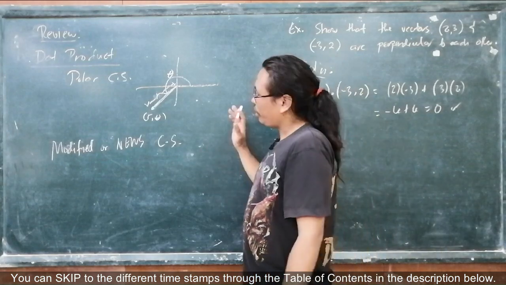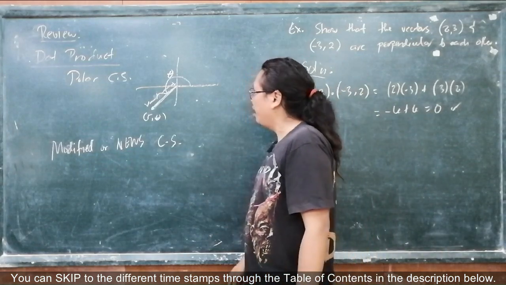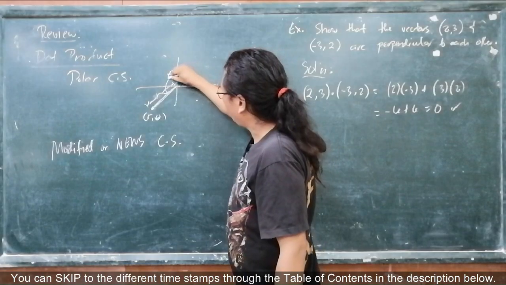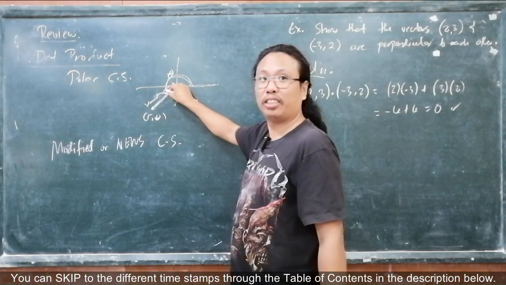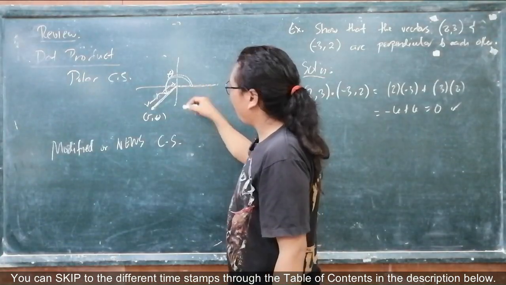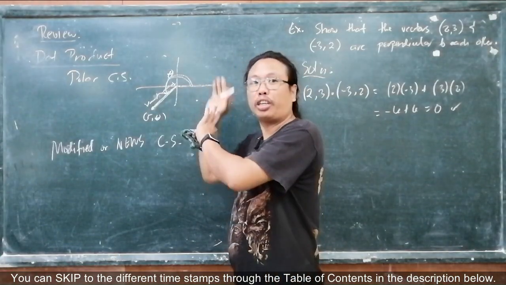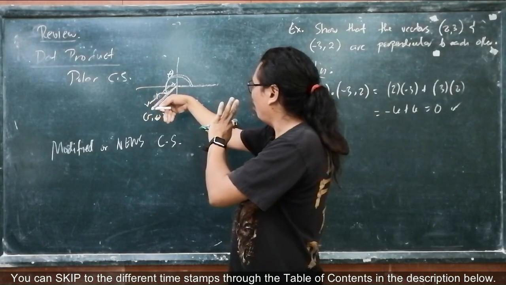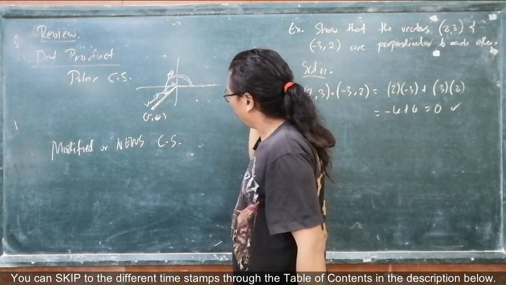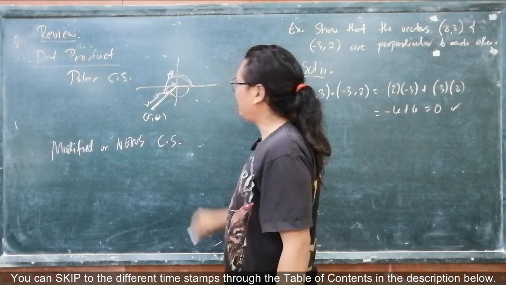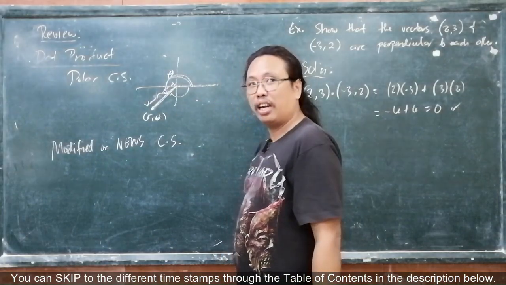But I call this a modified polar because in the standard polar, the theta is always evaluated from here, no? Or you can evaluate theta in the counterclockwise direction, no? Or you can actually define an angle like this but write it as a negative angle, no?